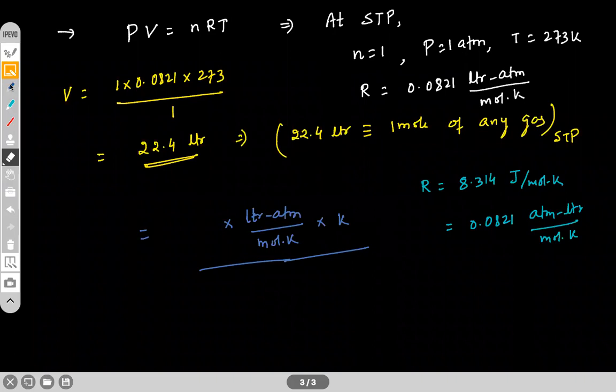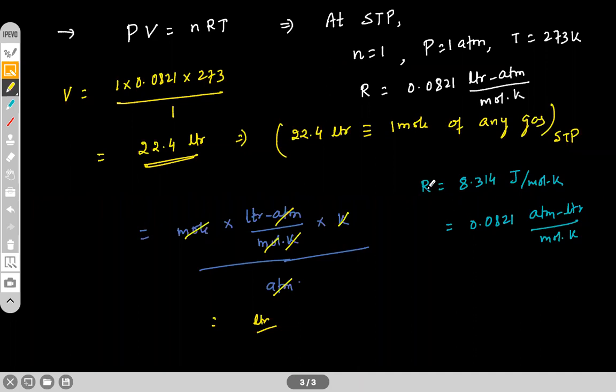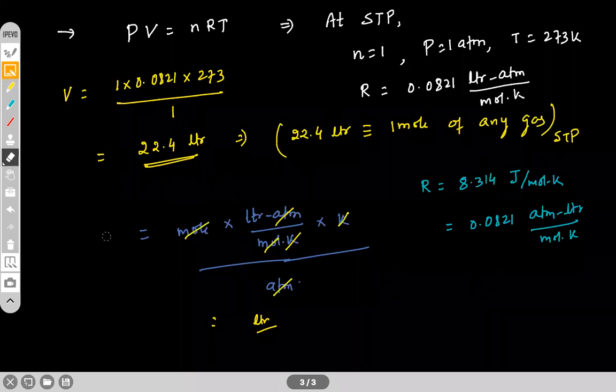So mole into this, divided by pressure, so ATM. Now when you solve this, mole and mole get cancelled, Kelvin gets cancelled, ATM gets cancelled. So what are we getting? We are getting liter here. That's why we directly get volume in liter, and hence we're using this particular value. So in the gaseous state, we'll use this. The R value 8.314 we use in thermodynamics, where we have to deal with energy. Mainly we use this value in thermodynamics. Got it?